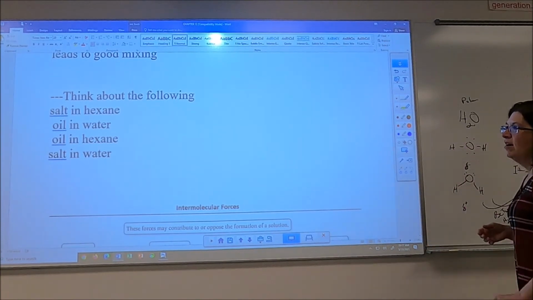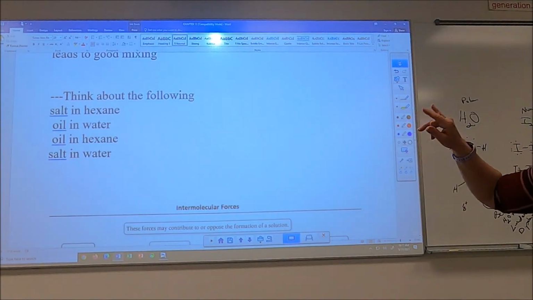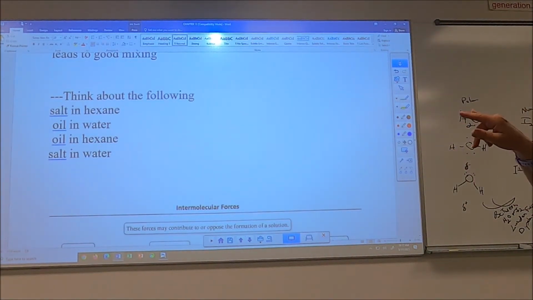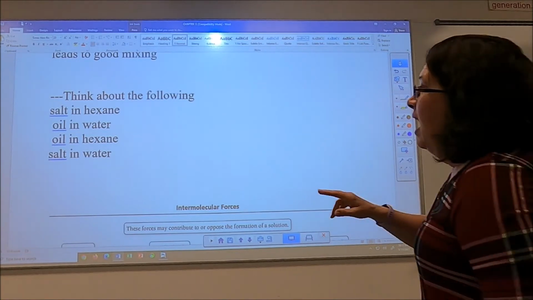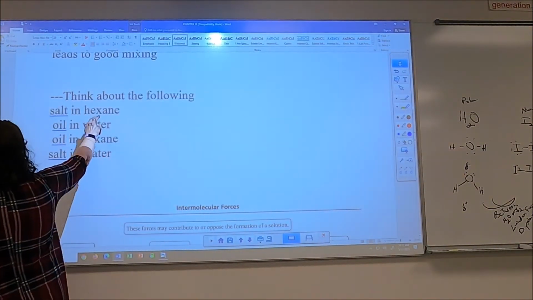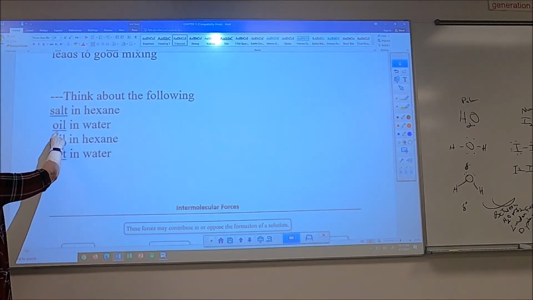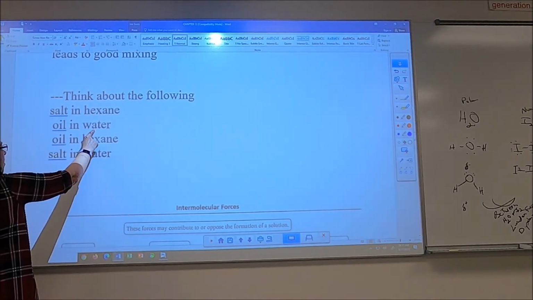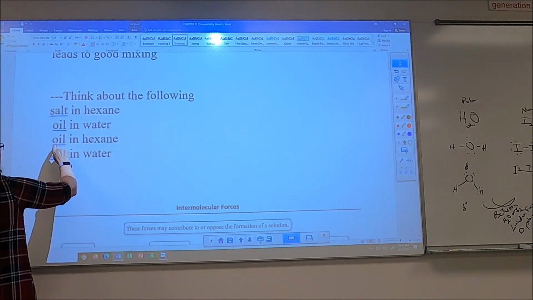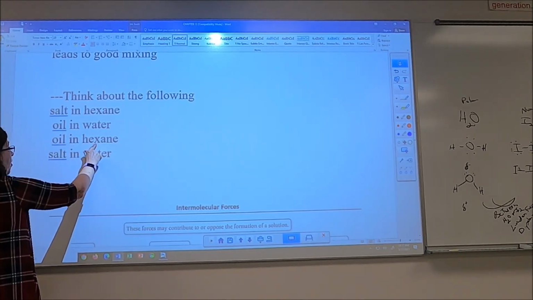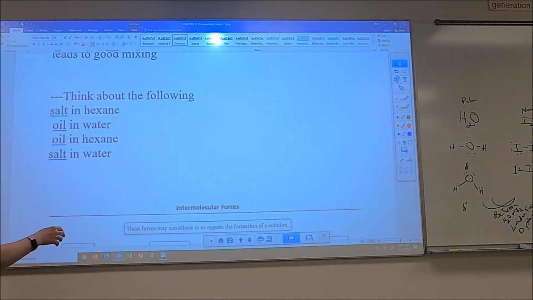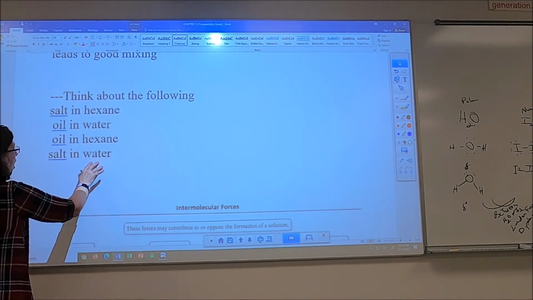So if I started thinking about mixing sodium chloride with hexane, oil with water, oil with hexane, and salt with water, okay, I have an ionic compound here and a nonpolar molecule. Poor mixing. Nonpolar molecule, polar molecule. Poor mixing. Nonpolar molecule, nonpolar molecule, good mixing. Ionic, water.